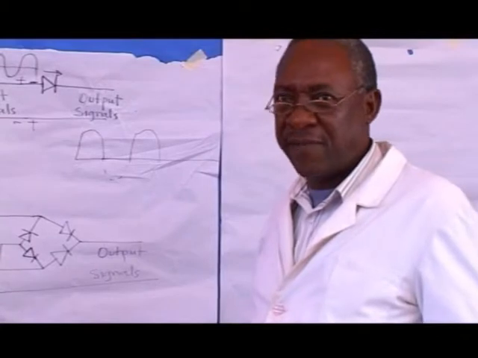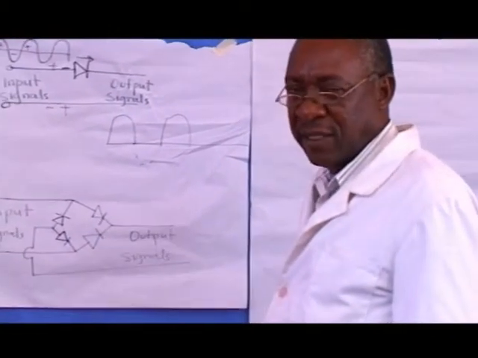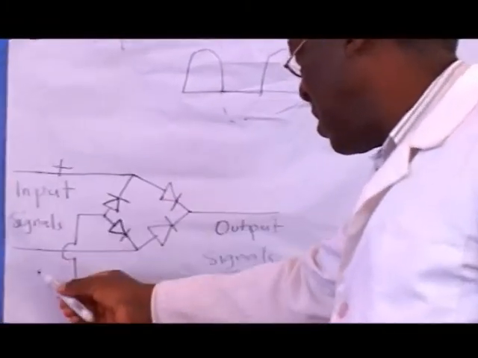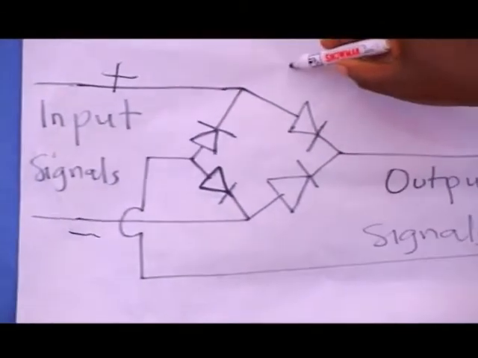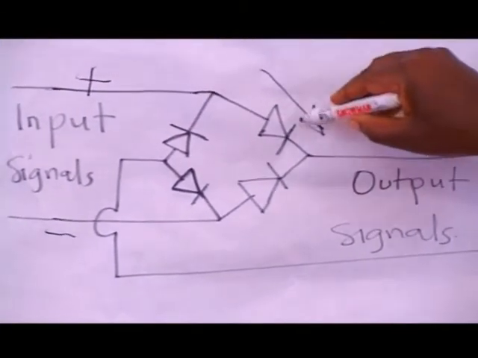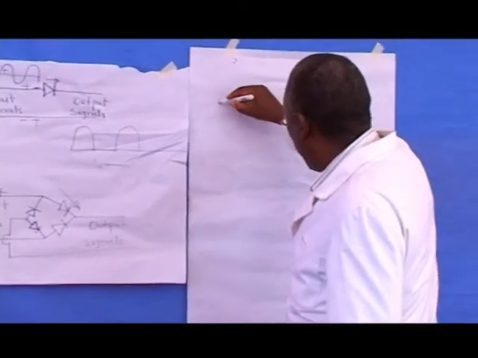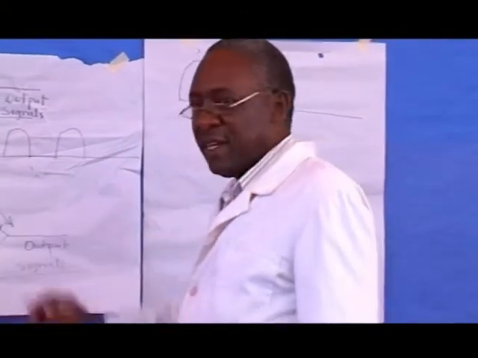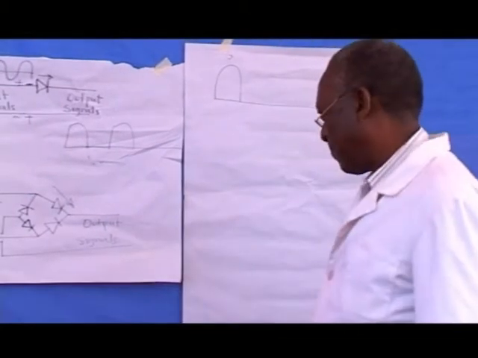In a bridge rectifier, we obtain full wave rectification. When the upper part is positive and the lower part is negative, this diode allows signals to pass, and so we obtain the positive part passing through the diode, and the output is that one.